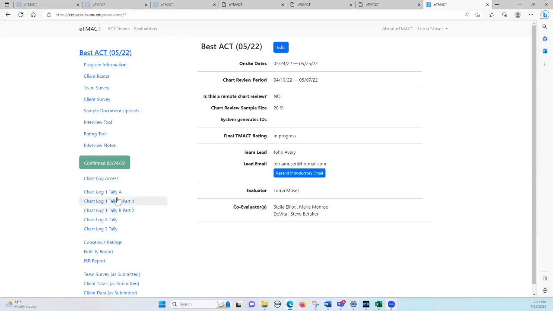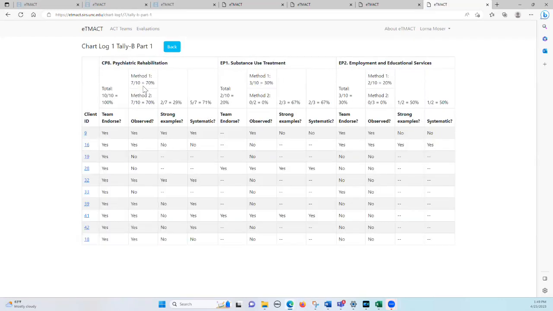So just to walk through one of these, this is how it's capturing the information. And it's similar to what we had to do by hand in the standard eTMACT, the paper-based eTMACT. So here, we have 10 charts that were reviewed. Did the team endorse the client receiving this service by way of the client survey?